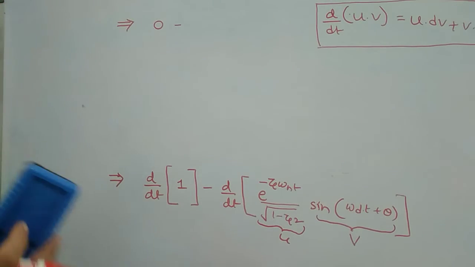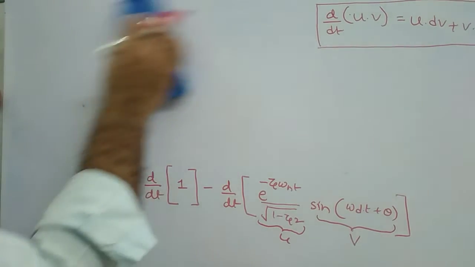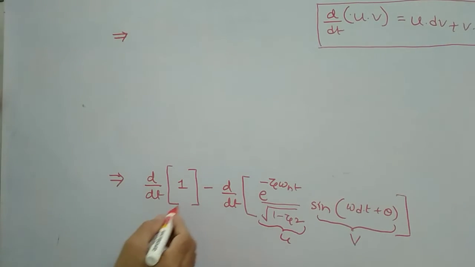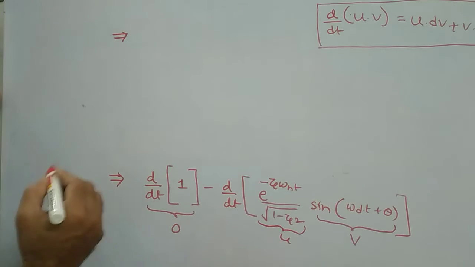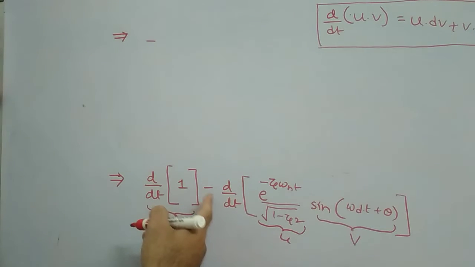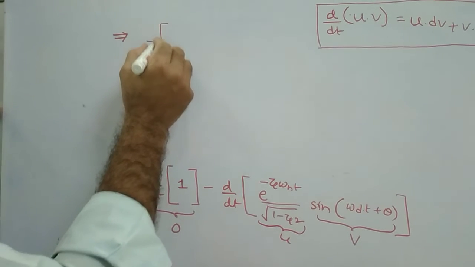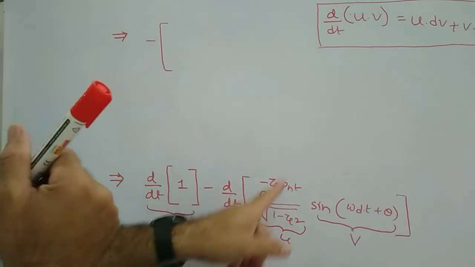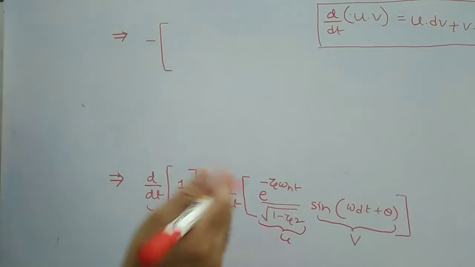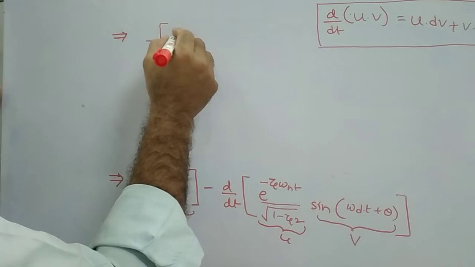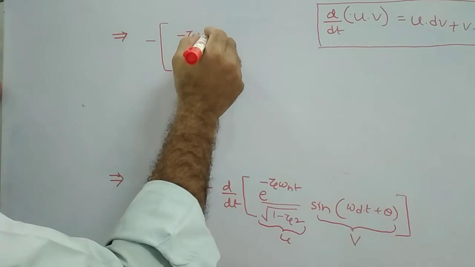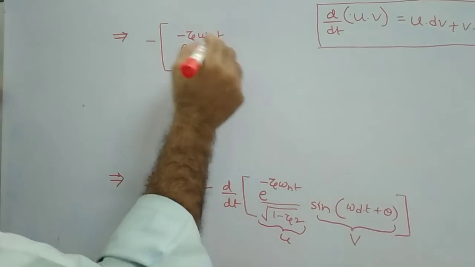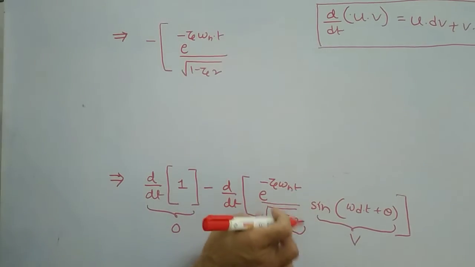However, that term is 0, so it is not required to write. Now it is minus, and minus will be there here. As per this rule, u means this entire thing, so you keep it as it is: e power minus zeta omega n into t by square root of 1 minus zeta square.